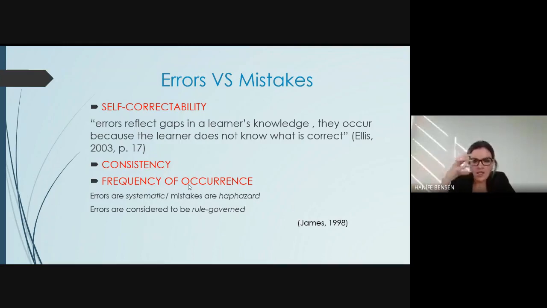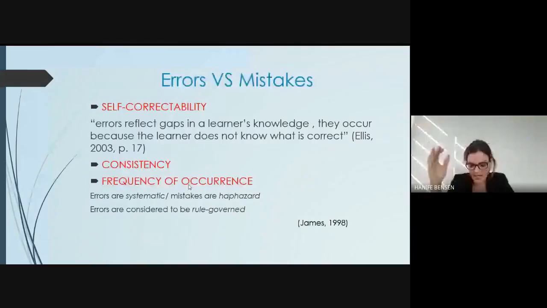So, as you can see, there are many criteria that differentiate errors and mistakes. However, we cannot use frequency or self-correctability alone as the criterion for differentiating between errors and mistakes. So you need to consider all of these to be able to say that a student has made an error.